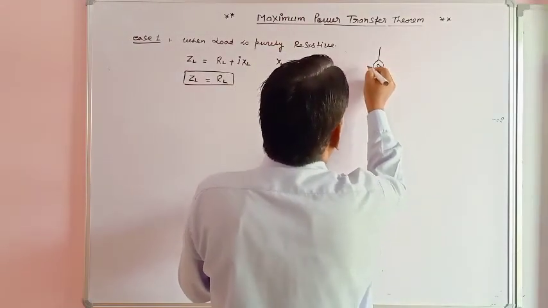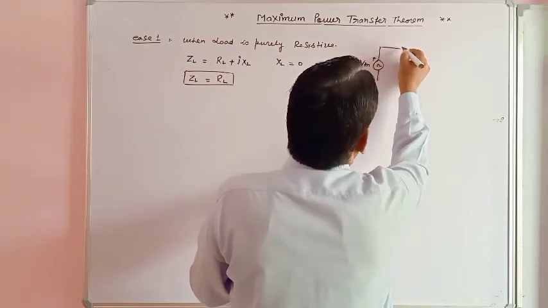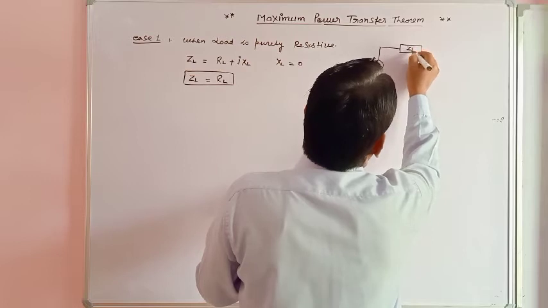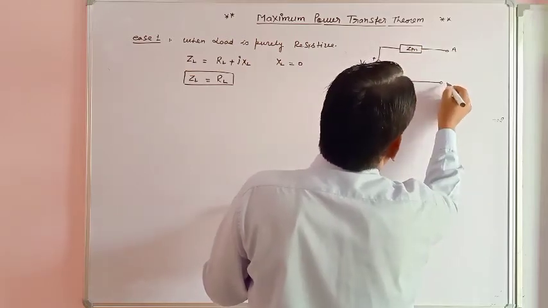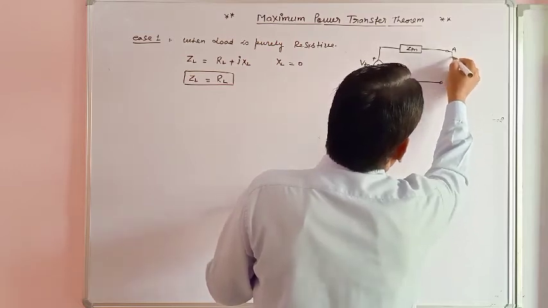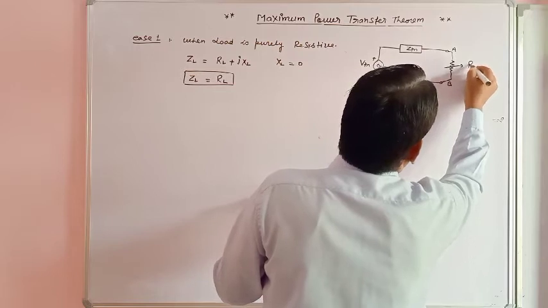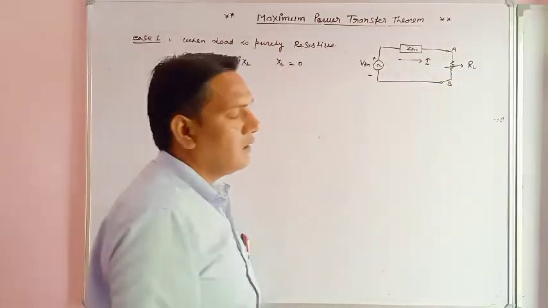This is the VTH source. This is the internal impedance, the same, that is ZTH. This is load terminal A and this is B, and we are connecting the load impedance, this is R. Now we are varying the RL.